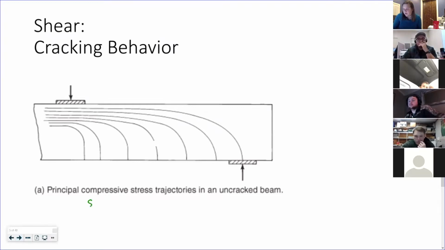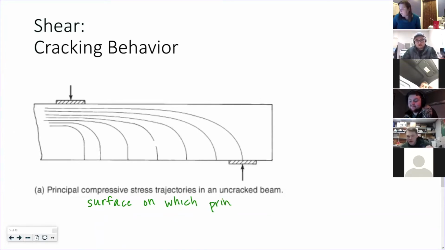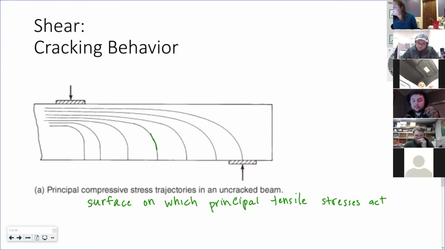These trajectories are the surface on which the principal stresses act. Meaning if we're looking at this trajectory right here, the tensile stress is acting perpendicular to that. It's the surface.